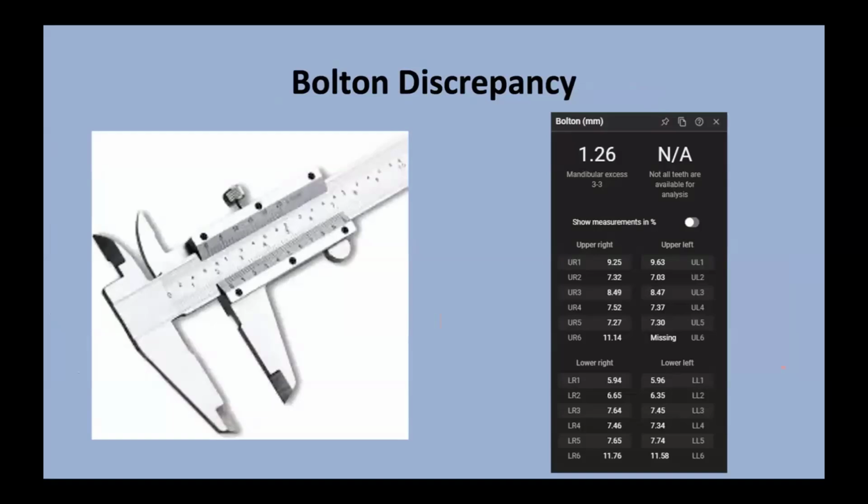On the Align ClinCheck, they will actually do all of your Bolton analysis for you. And sometimes if you don't have all of those teeth, you can have the anterior Bolton analysis be calculated, and they can either predict or not do some of the posterior analyses, but it's made it a lot easier.